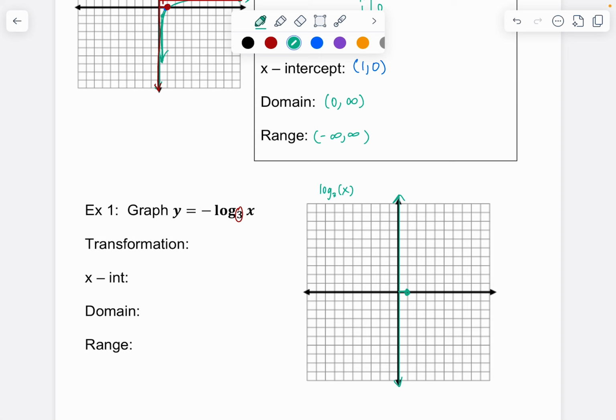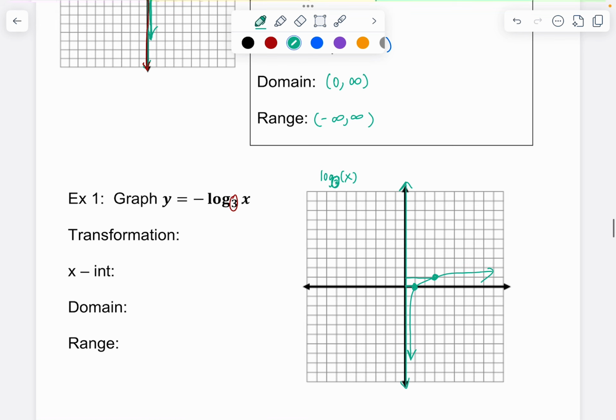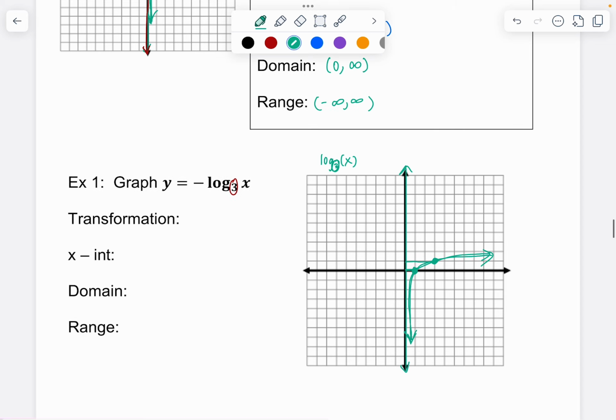The next significant point is going to be the base away. So now I'm going to go over 3 units to get my next good point. And so if no transformations happen, it's going to go up to the right, down towards the asymptote. So think of square root. It goes up to the right, and then it has a tail down towards the asymptote. That's default. That's the parent.